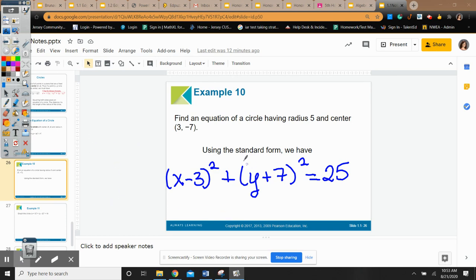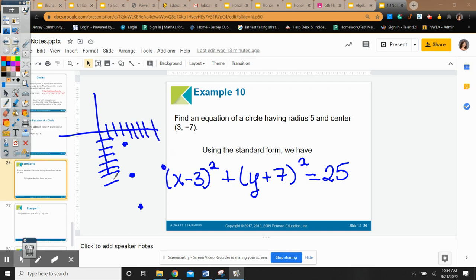We can go ahead and graph that as well. When you graph it, you'll go to 3, negative 7. You'll put your dot, and you'll just count 5 up, down, left, and right, and then draw your circle. 1, 2, 3, 4, 5, and 5 down. 1, 2, 3, 4, 5.